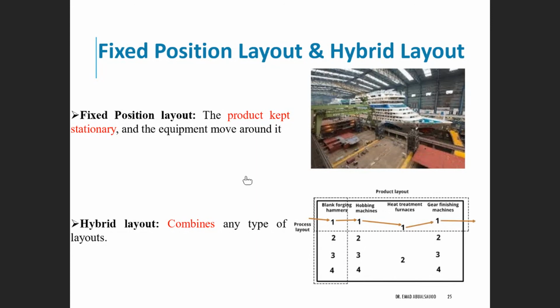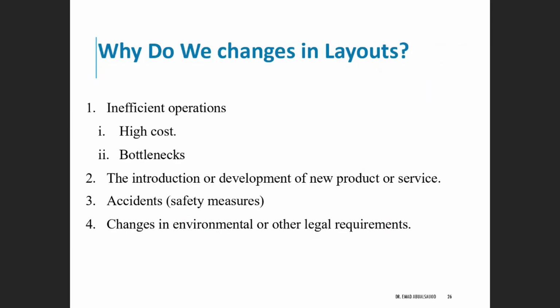And this is something unique and depends on certain situations. The hybrid layouts, you combine any types of layouts that we have covered together, depending on your need. You can have product layout and process layout in the same place, the factory or the company.